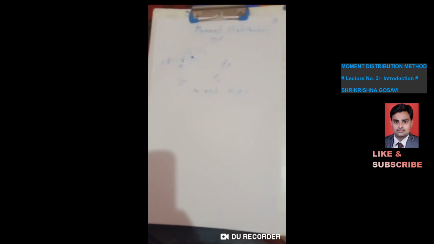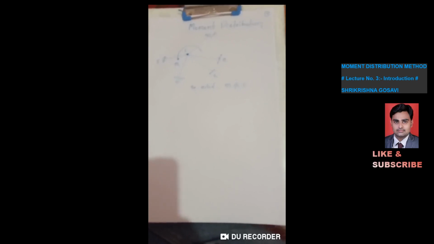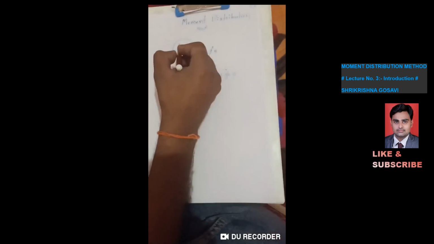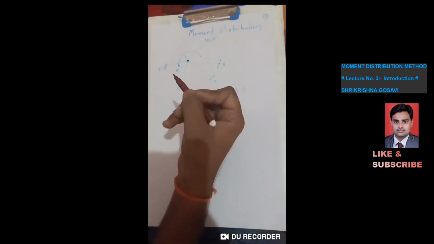So this moment, if the joint F is not a fixed one, the fixity is assumed to be due to an imaginary clamp. So we can say that this is a hinge support. We have already told you about the imaginary clamp.